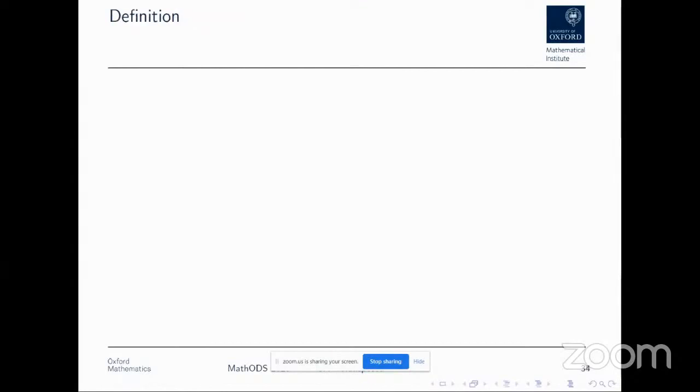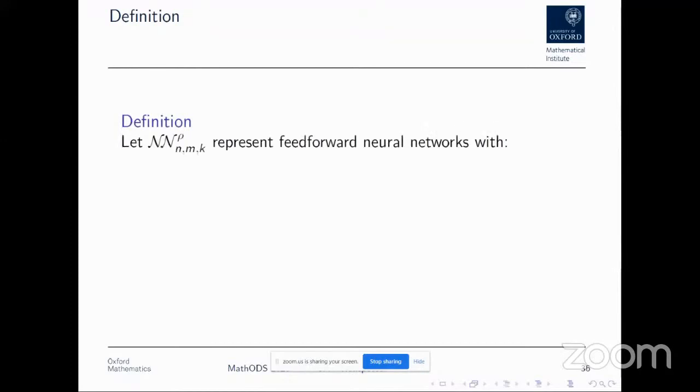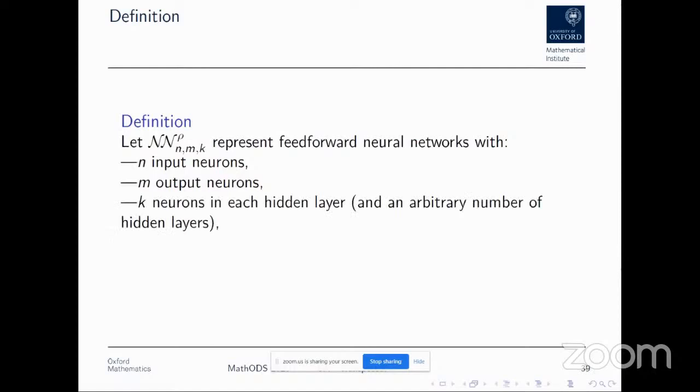And I'm now going to introduce one definition. I promise this is the only piece of notation that I'm going to introduce in my talk, so hopefully it'll be quite reasonably clear to follow along. We're going to consider these deep, narrow neural networks with n input neurons, m output neurons, k neurons in each hidden layer, and then as many of these hidden layers as we like, and then activation function rho.